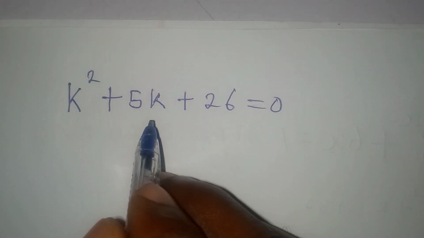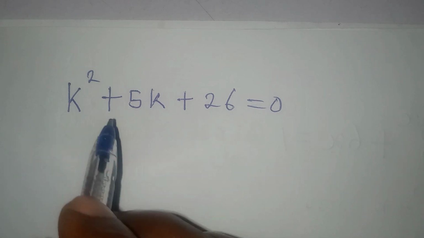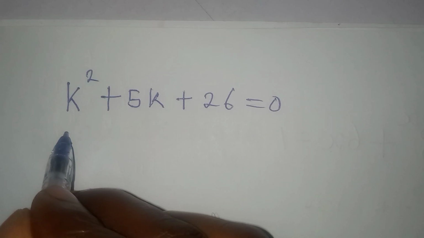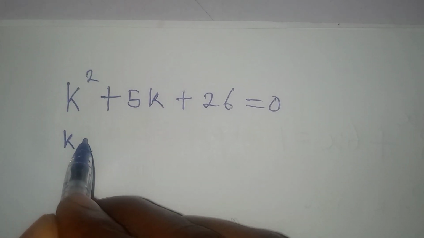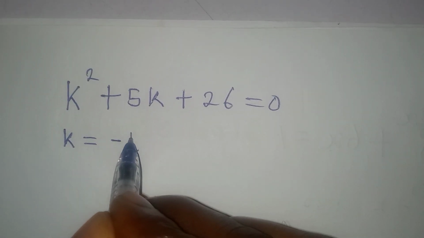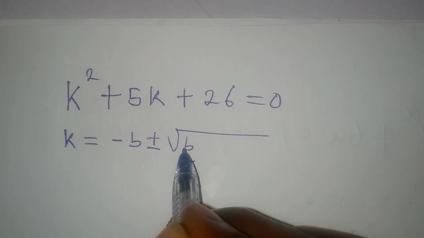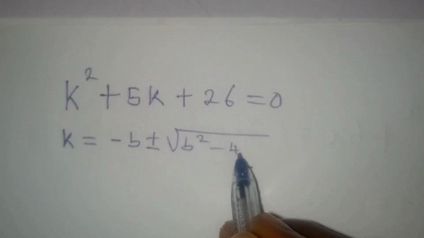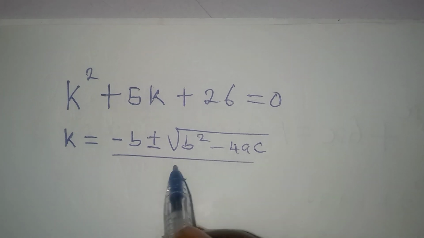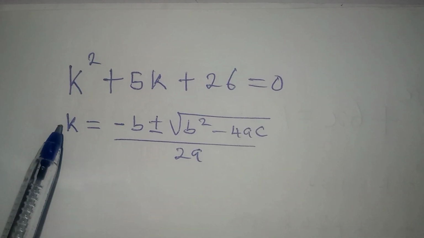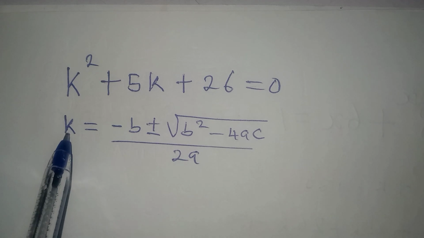Okay, so this is the quadratic equation, and we can solve this using formula method, right? And the formula is k equal to minus b, positive or negative, square root of b squared minus 4ac all over 2a. Now some persons will be asking, why are we having k here instead of x?